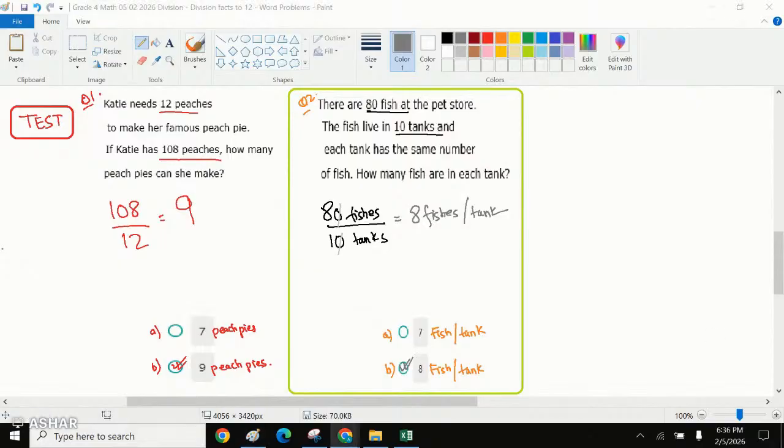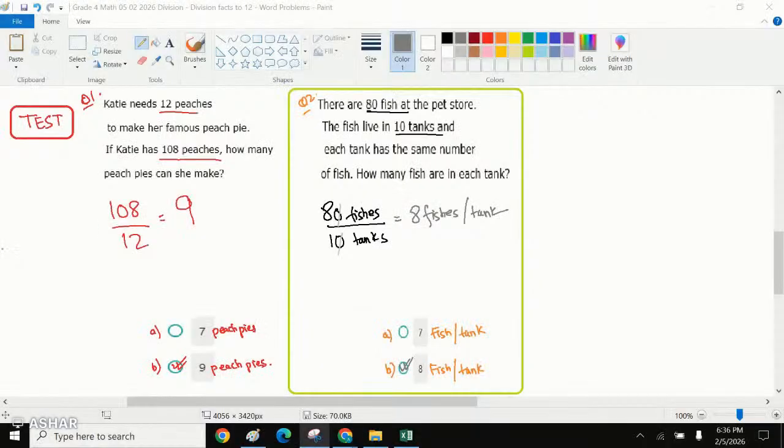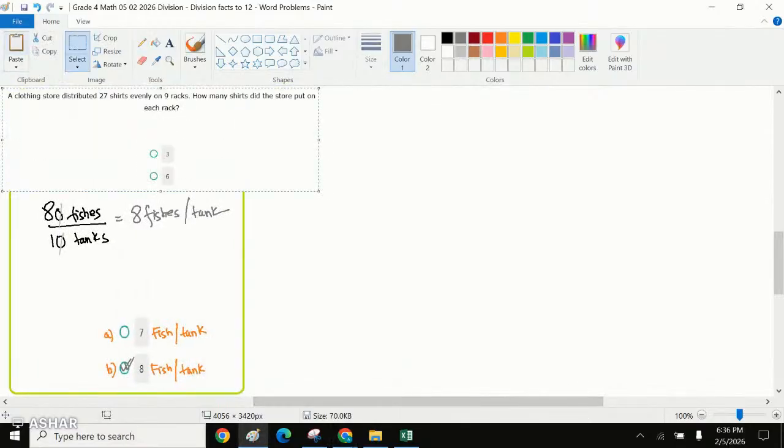Moving ahead to the next question. Let's see. A clothing store distributed 72 shirts evenly on 9 racks. Meanwhile, I'm reading and copying also.